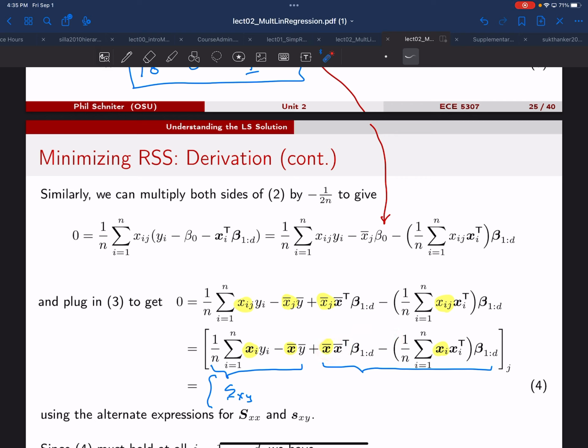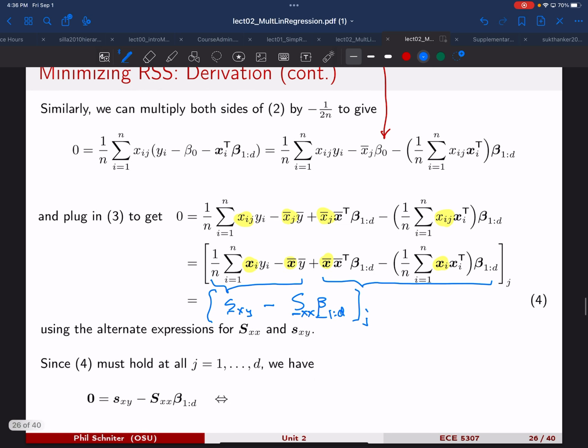And then the result is something multiplying beta 1 through d. Does anybody recognize what that something is? It's the big S matrix, SXX. Okay. And let me put an underline under it because it's bold.